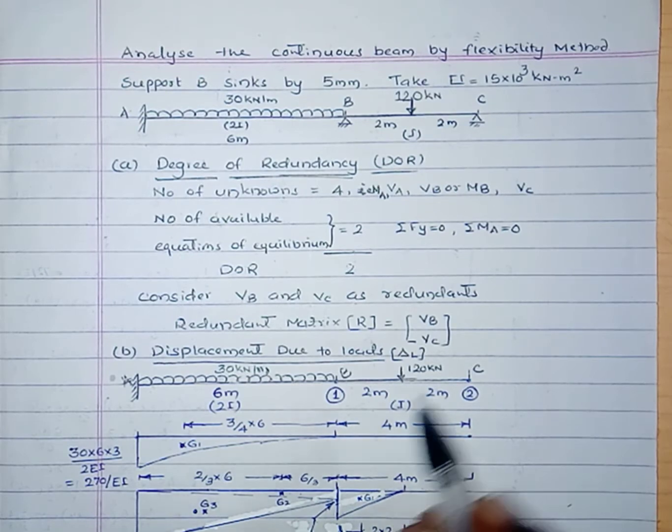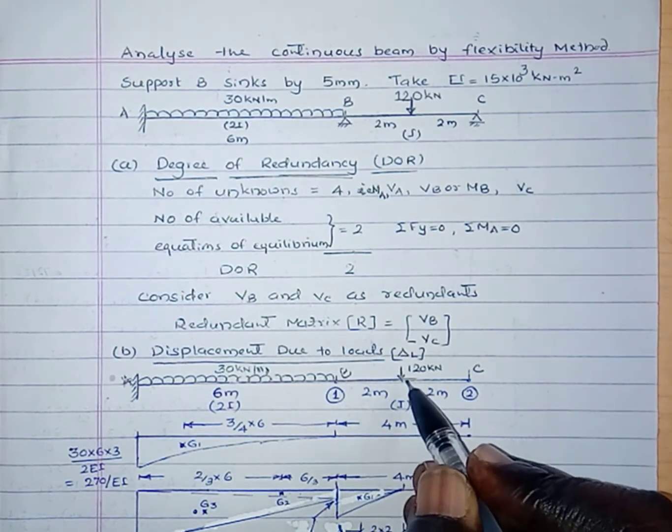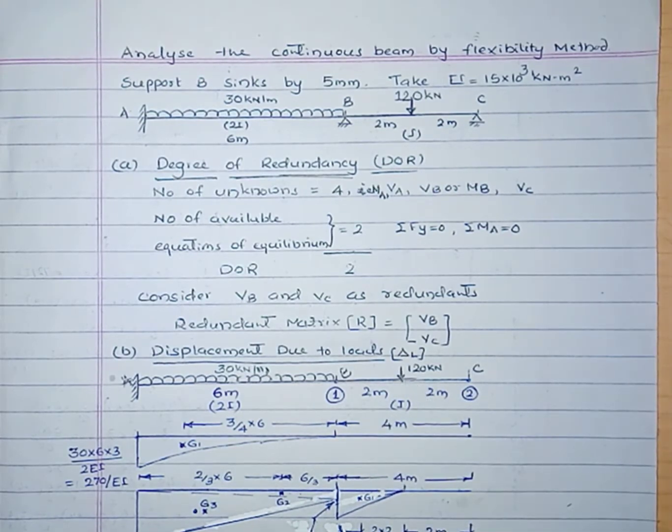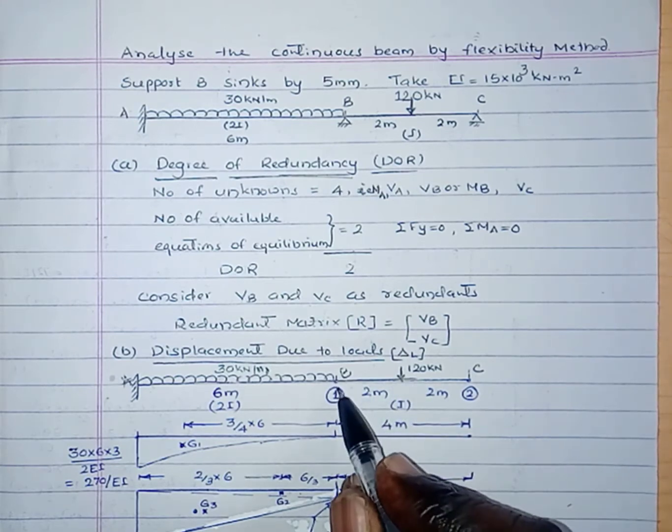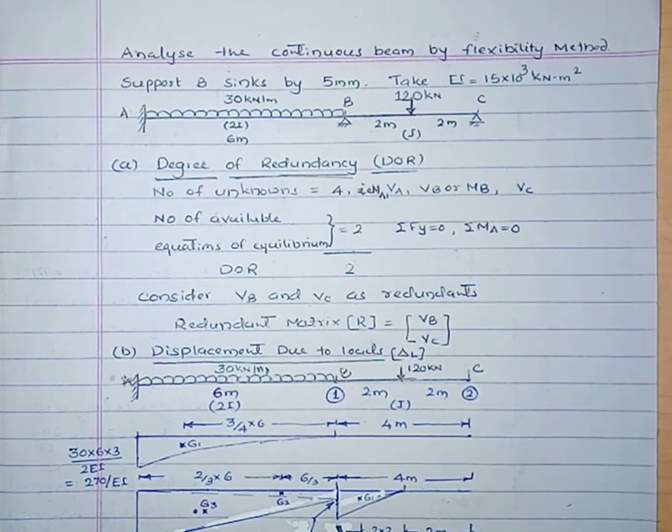Then here this one is 120 into 2, this one is 240 by EI, the M by EI for this span between B and the point load. This one is M by EI diagram.